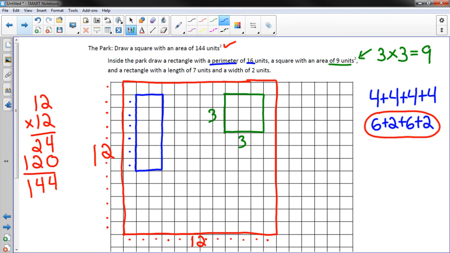I'm going to go back and label my rectangle real quick. This was 2, this was 6, this was 2, this was 6. And altogether that equals 16. Good. I got one more thing to do. Last thing.